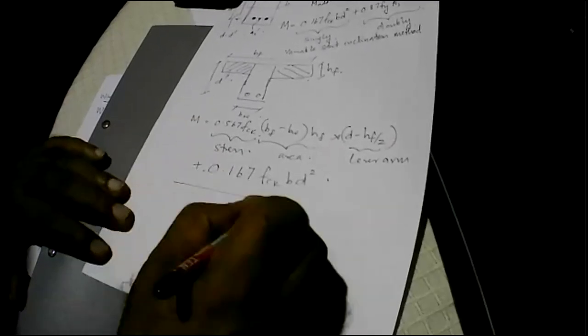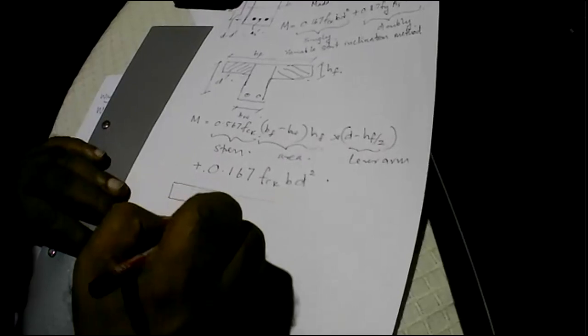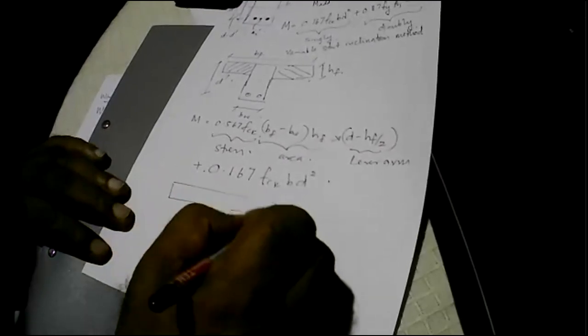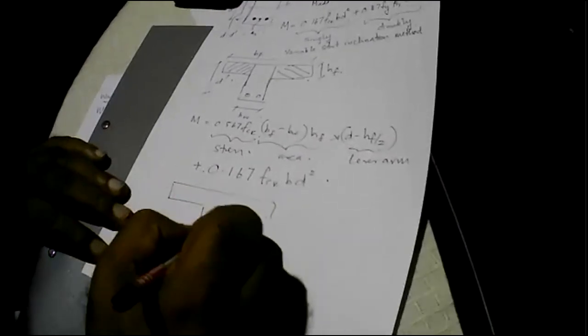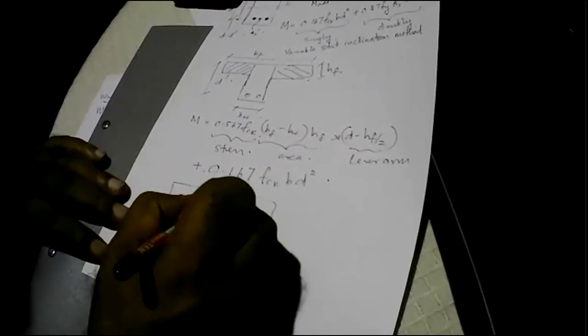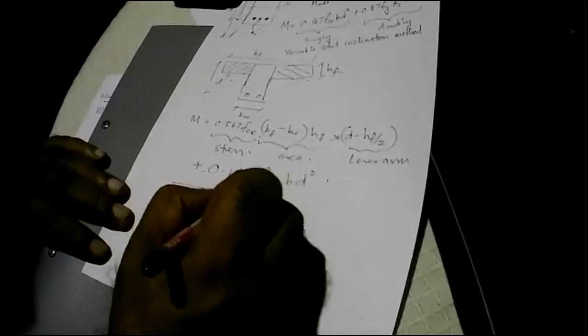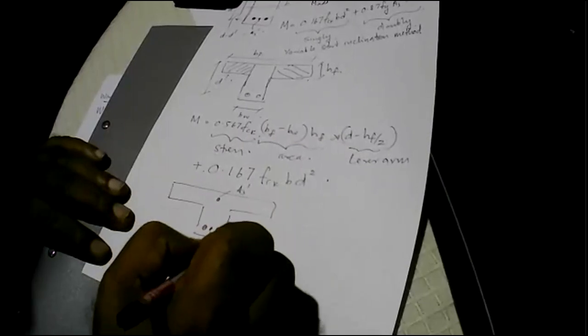And if we have a moment greater than this, then we have to go for this situation where we provide extra reinforcement. We provide ASC dash and ASC dash. That means we doubly reinforce the flange beam. And when the flange beams are carrying very heavy moments, this might happen.